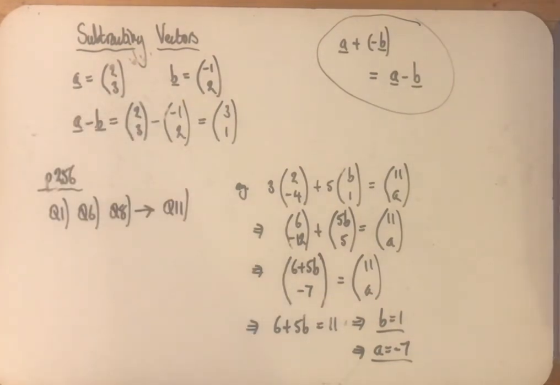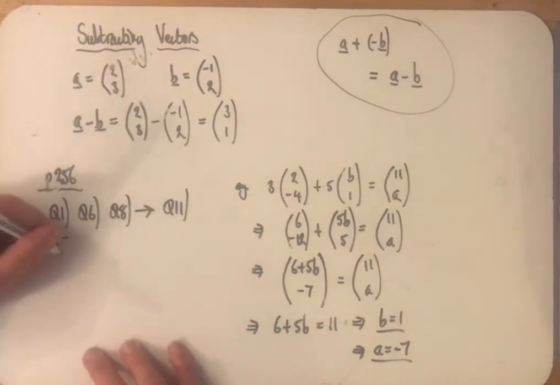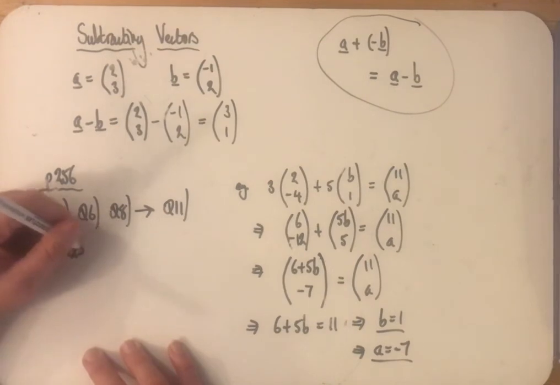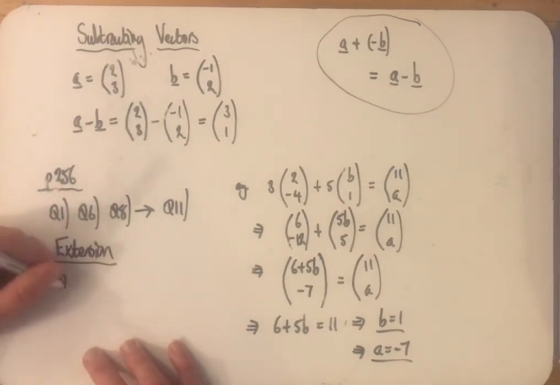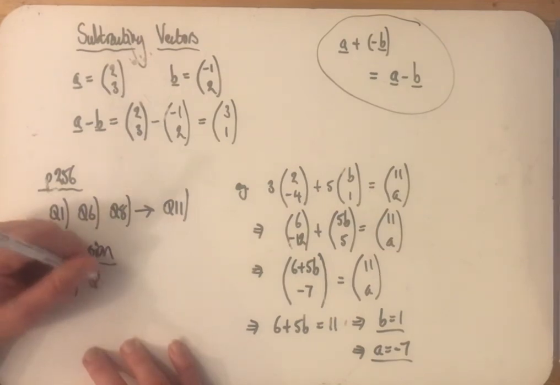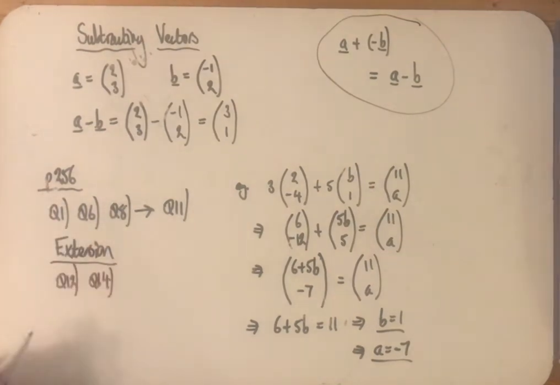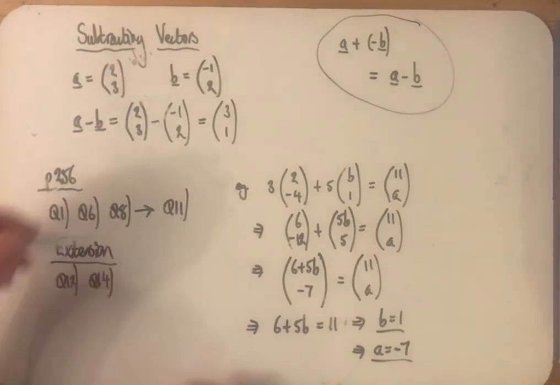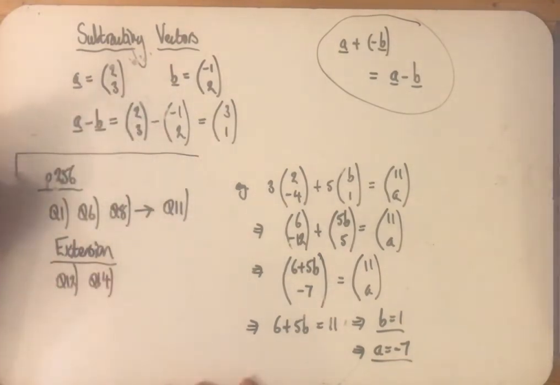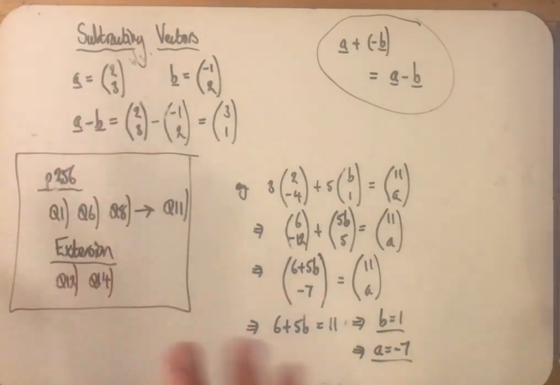That's enough, but if you want a little bit of extension, have a go at question 12 and question 14. You can try 13, but I haven't done unit vectors with you yet. So that should be quite similar, and just embed all those ideas.